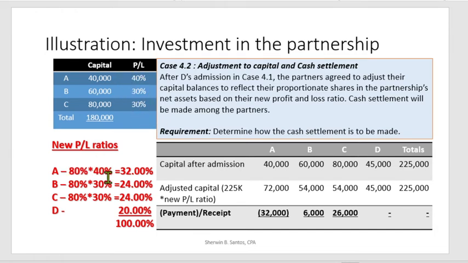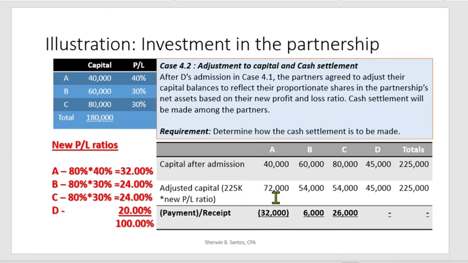So, 80% times 40% is 32. 80% times 30% is 24. 80% times 30% is 24. So, 32 plus 24 plus 24 plus 20 is 100%. So, ito ang gagamitin natin ngayon to compute for your adjusted capital.